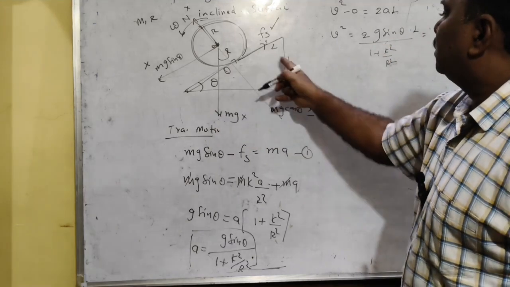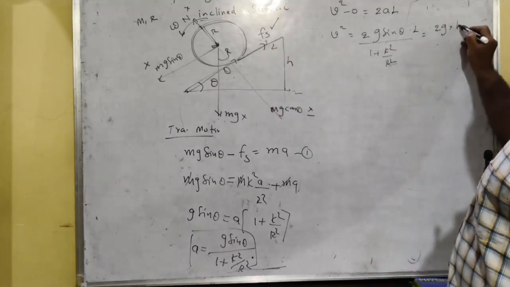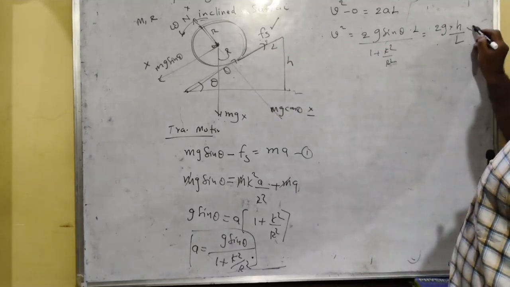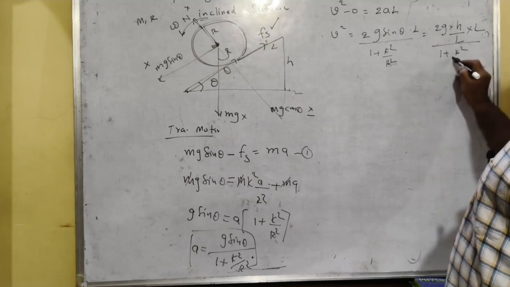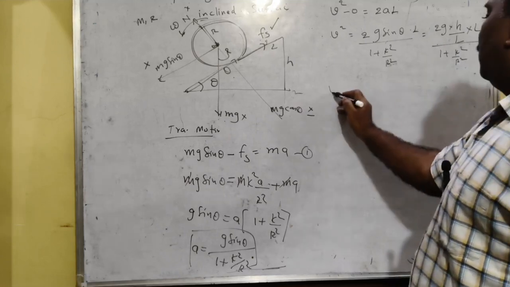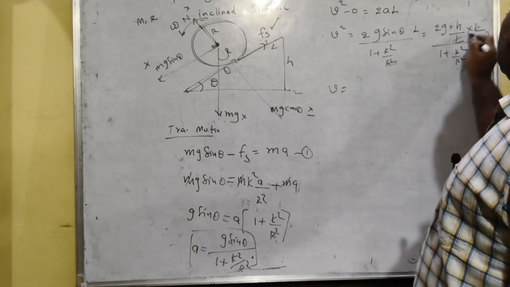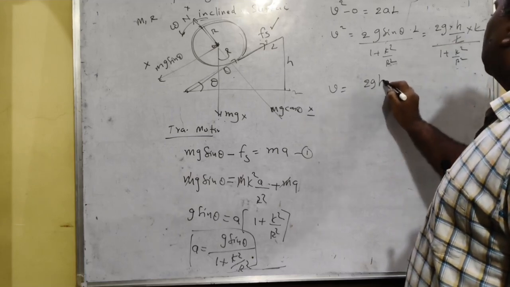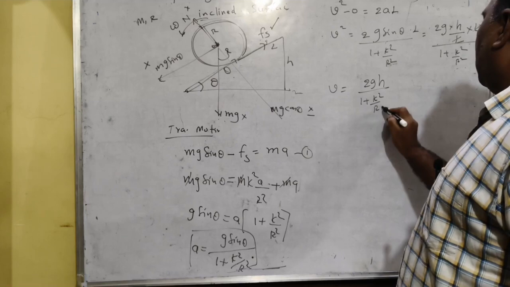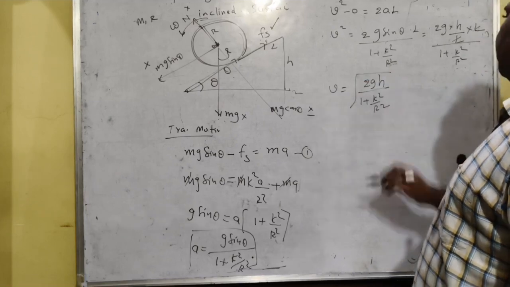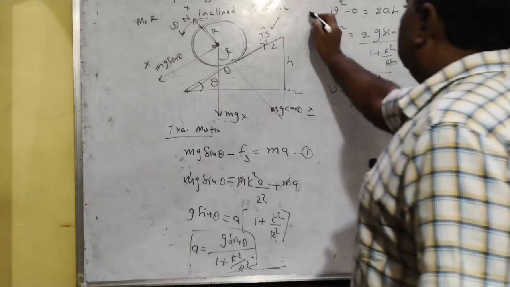Sin theta is equal to h by L. So h by L into L by 1 plus k square by r square. Finally, L cancels, and v is equal to root of 2gh by 1 plus k square by r square. So this is the second value.